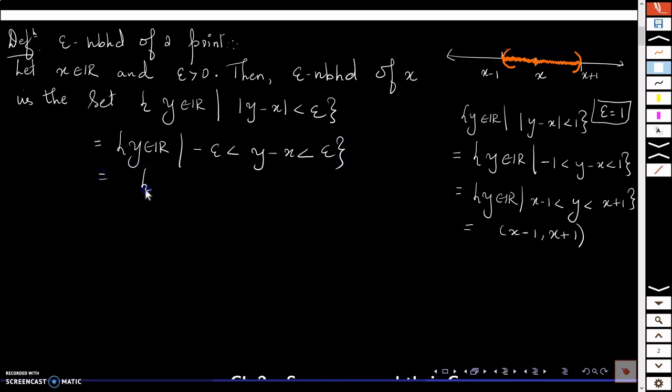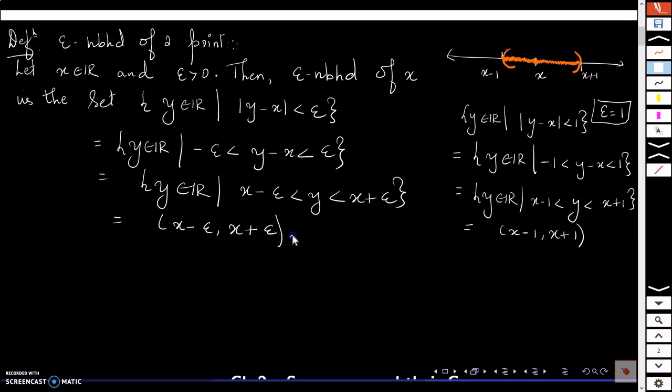You add x throughout, so that is the set of all real numbers y such that x minus epsilon is less than y, and that is less than x plus epsilon. And these are all the real numbers between x minus epsilon and x plus epsilon. So this is the open interval x minus epsilon comma x plus epsilon, right?